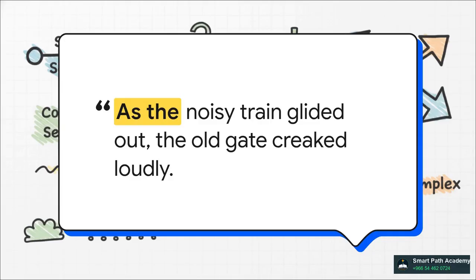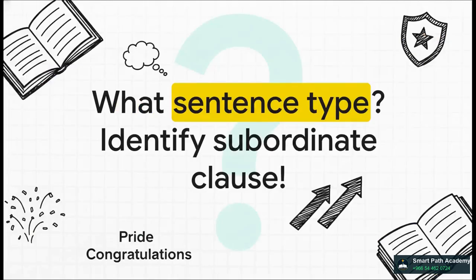This is a really fantastic combination, pulling elements from the noisy train station past paper and mixing it with all the structural tricks we've decoded today. Look at the beginning. Look at the punctuation. Test those clauses. I'm going to leave you to crack this final case on your own. What type of sentence is this, and can you specifically identify the subordinate clause? Take your time, trust that standalone test, and I know you'll find the answer.